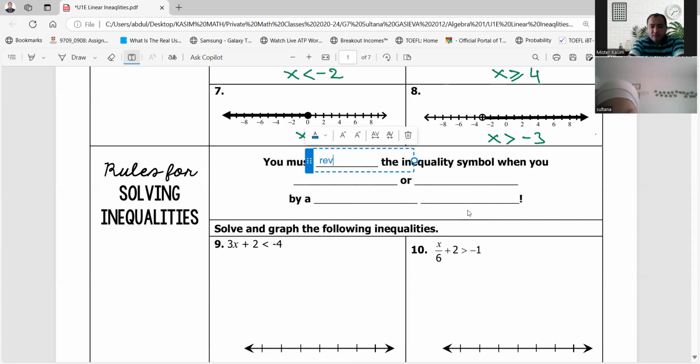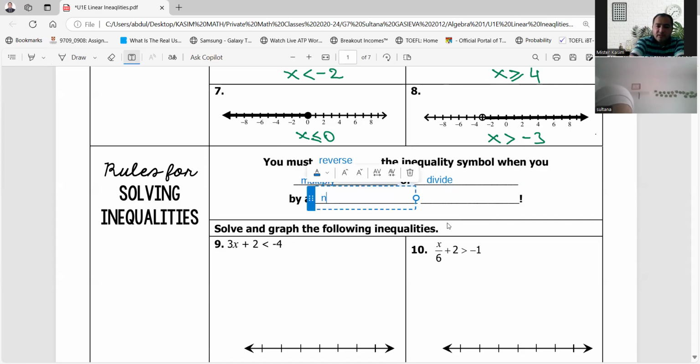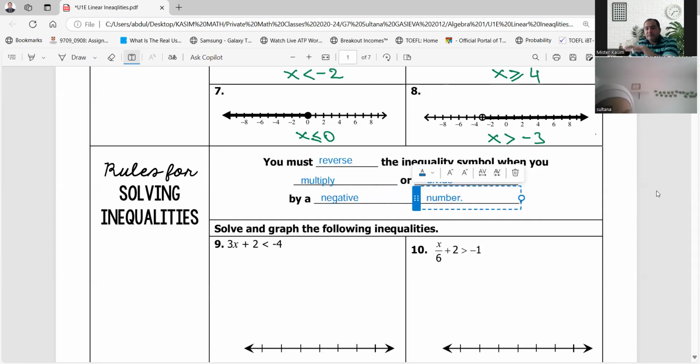You must reverse the inequality symbol when you multiply or divide by a negative number. That's the only difference. All other rules are the same. If you multiply or divide by a negative number, you need to reverse the inequality symbol.